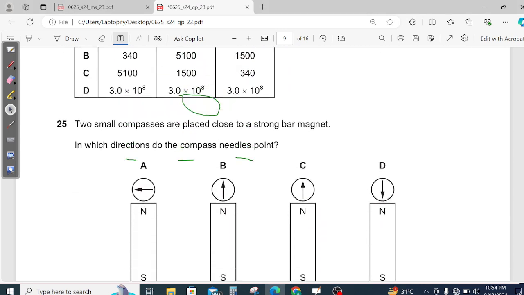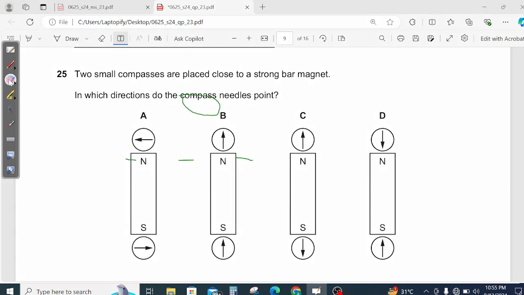Now question number 25 is related to the magnet. The question is that two small compasses are placed close to a strong bar magnet. In which direction do the compass needles point?